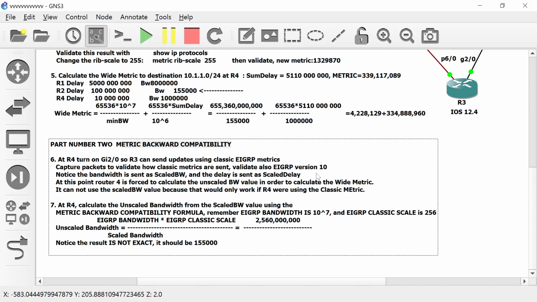What happens when one router is using old metrics and new routers have to use this formula in order to calculate the correct metric, or an approximation to the correct metric. So that's it. Let's go to lab part number 2.